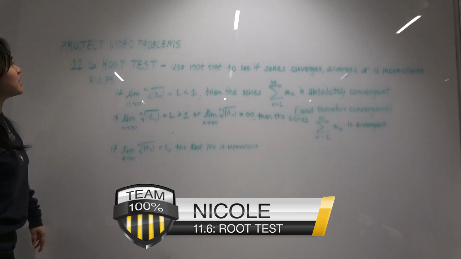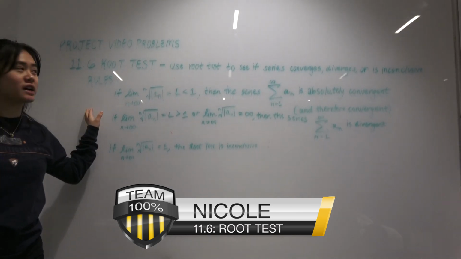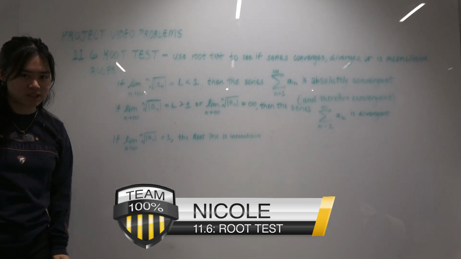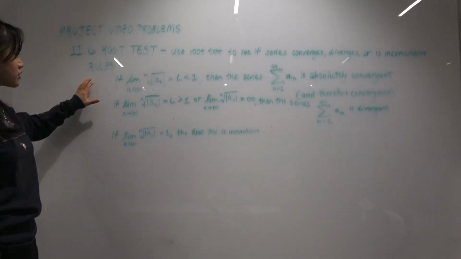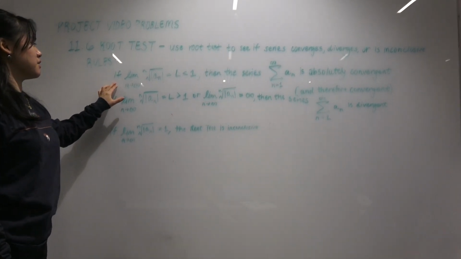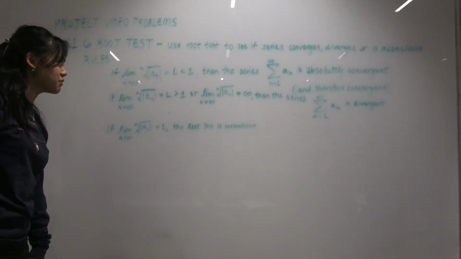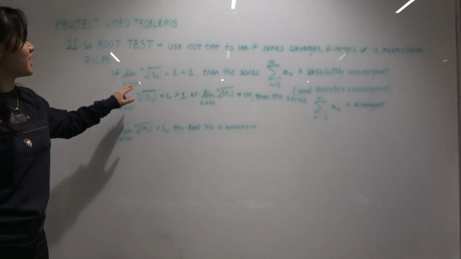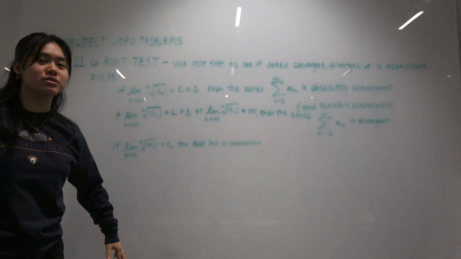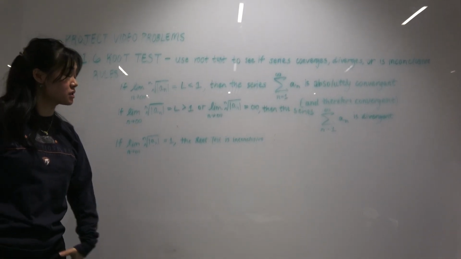Okay, hi. This is the 11.6 root test, and we use the root test to see if the series converges, diverges, or is inconclusive. There are 3 rules you can follow. First, if the limit as n approaches infinity of the nth root of a sub n is less than 1, then the series is absolutely convergent, which means the series converges.